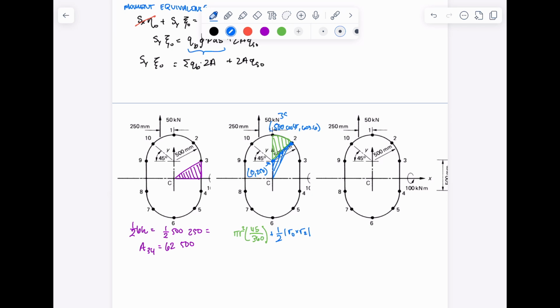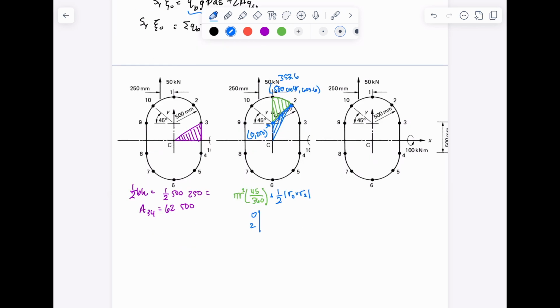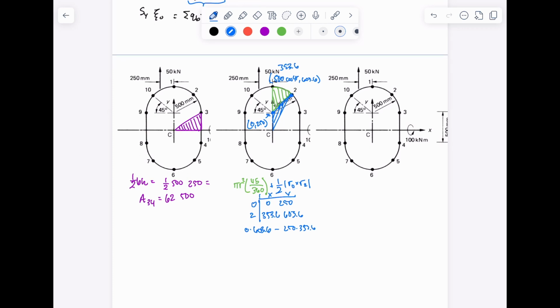And if we solve for that, which would be 0 to 250, x and y, 603.6, 0 times 603.6 minus 250 times 353.6, and that will be 88,400.